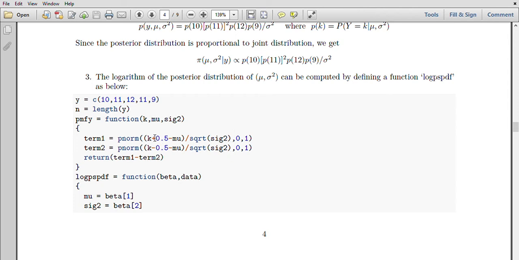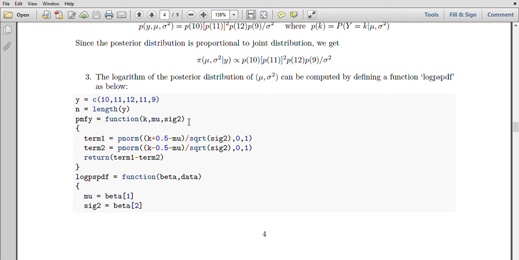So I make k, mu and sigma square arguments of the function PMFY. What the function has to do now is return term 1 minus term 2, which will be nothing but the probability distribution of y. So the PMFY function computes the probability distribution of y at point k, assuming that the parameters take these two values.